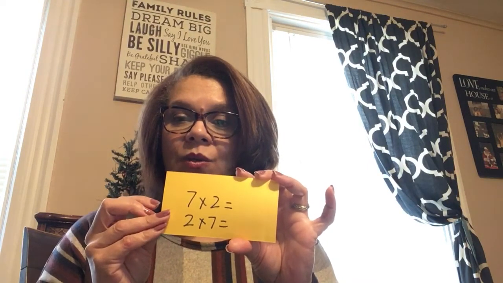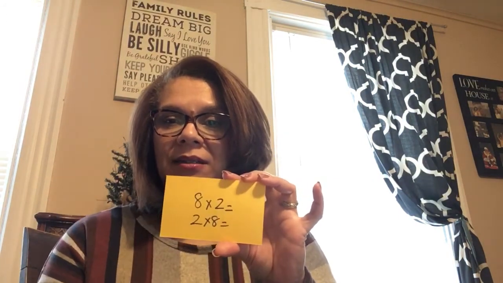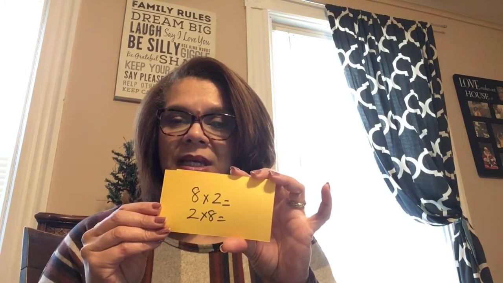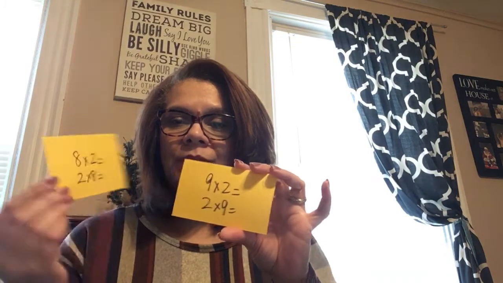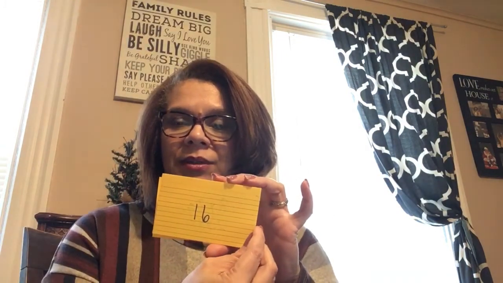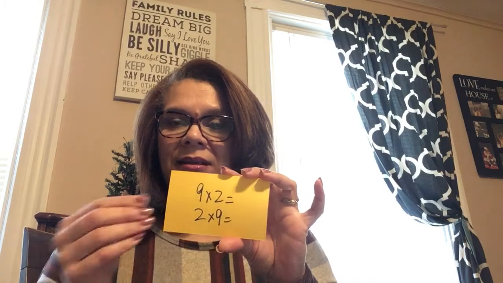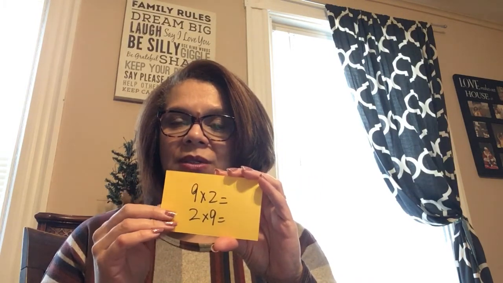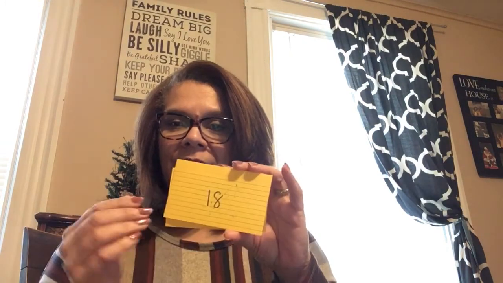7 times 2 is the same as 2 times 7, and that is equal to 14. 8 times 2 is the same as 2 times 8. That's equal to 16. 9 times 2 is equal or the same as 2 times 9, and that's equal to, very good, 18.